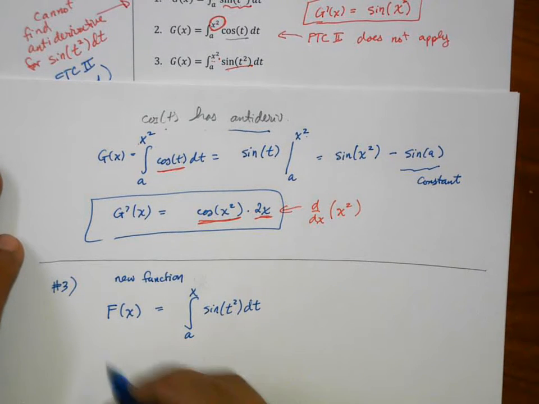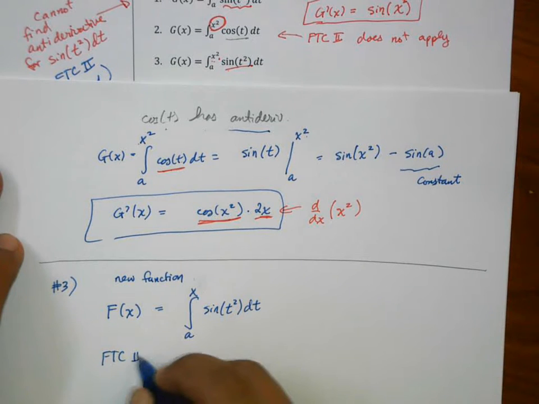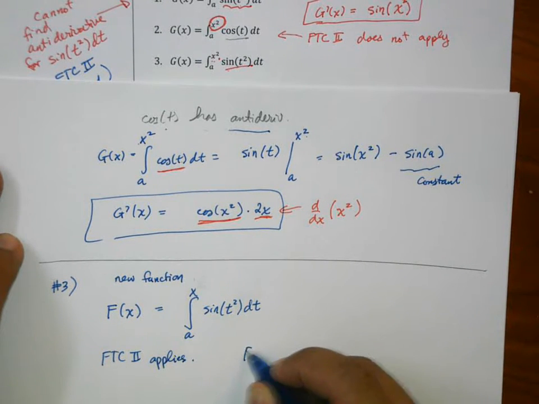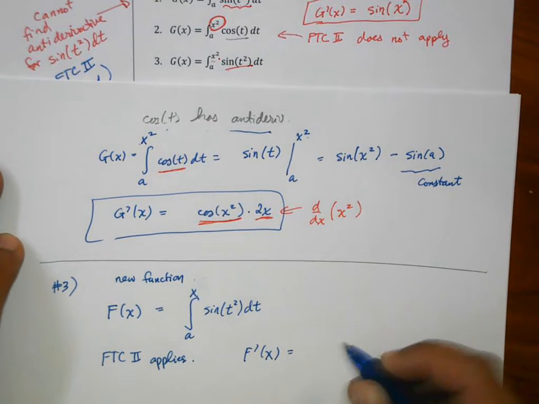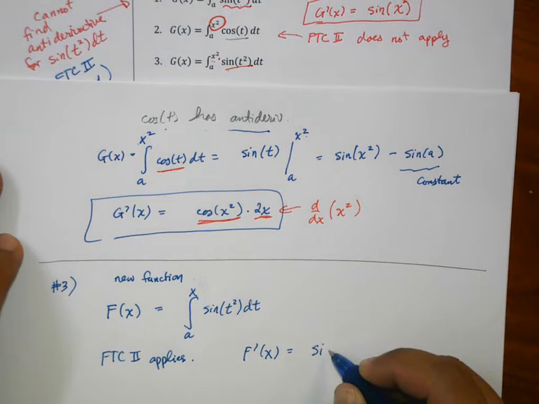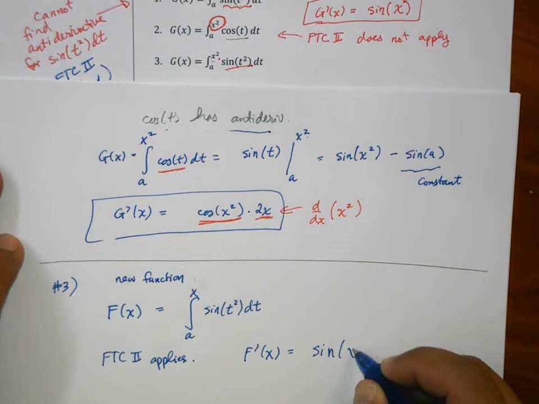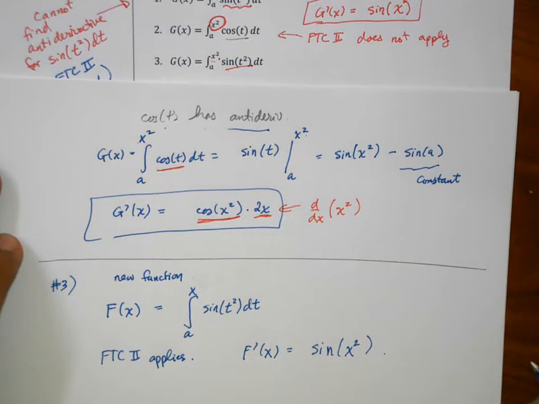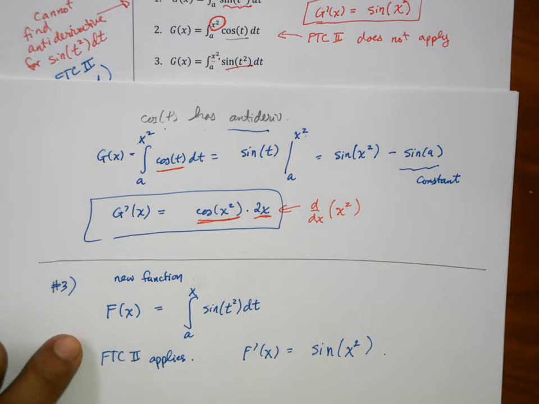Okay? So the FTC2 does apply, and we have that F prime is just equal to sine of x quantity squared. Okay, so that's really nice.